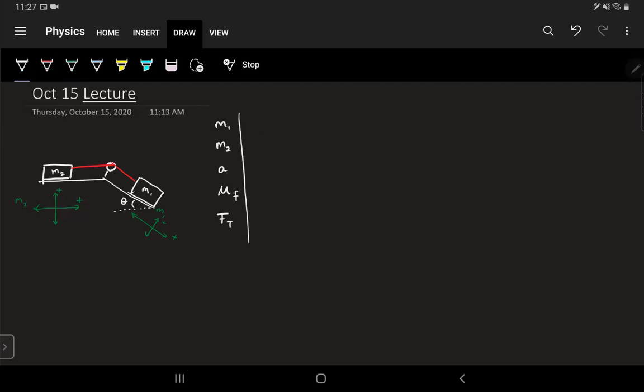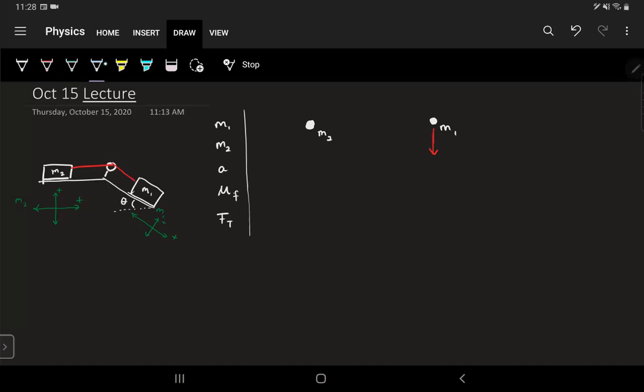Now that we have that, let's go down and break out our free body diagrams, M2 and M1. Without any knowledge of what each variable is, we can solve this. Let's start with M1. We have gravity as a force acting downward at all times.